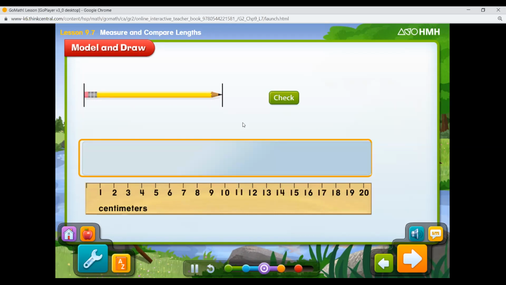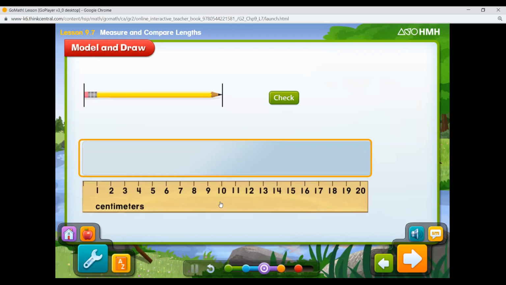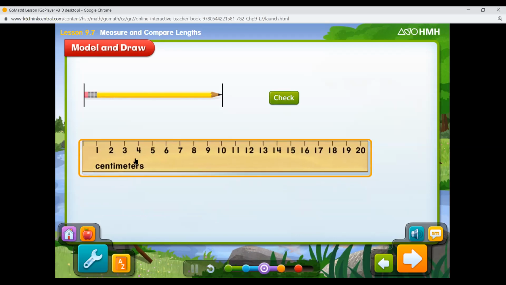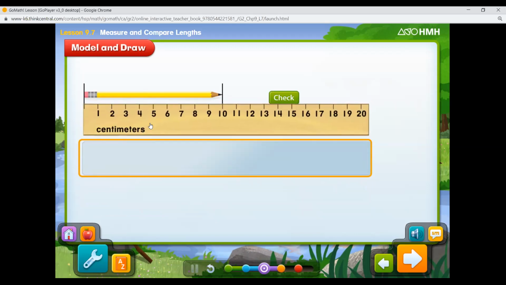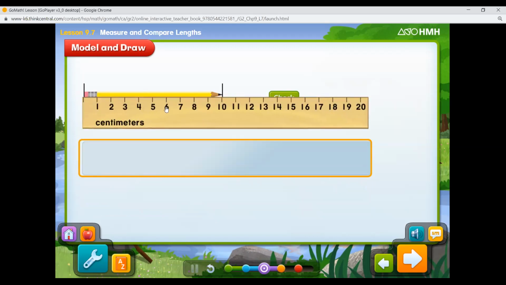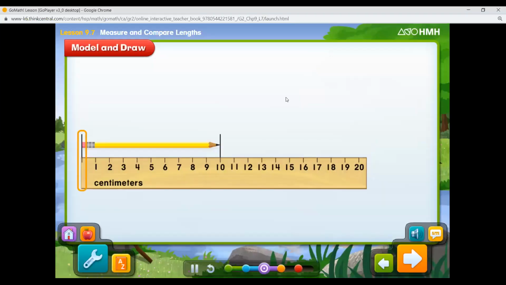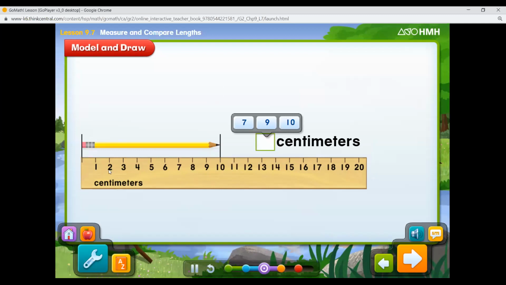Drag the ruler to line it up with the pencil, then click Check. The left end of the pencil is lined up with the 0 mark of the ruler. How long is the pencil? Select the length.